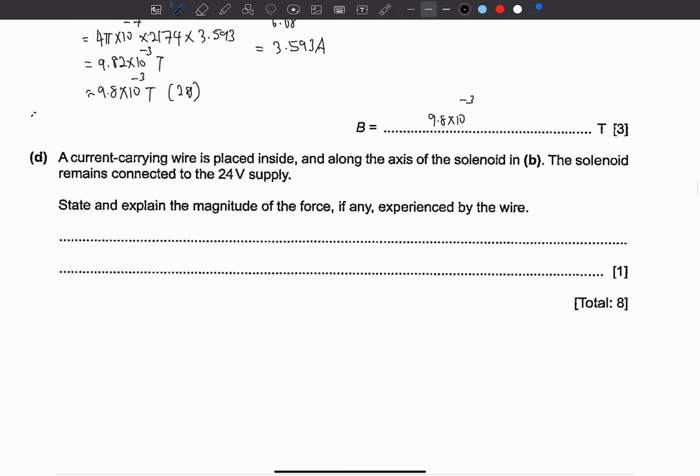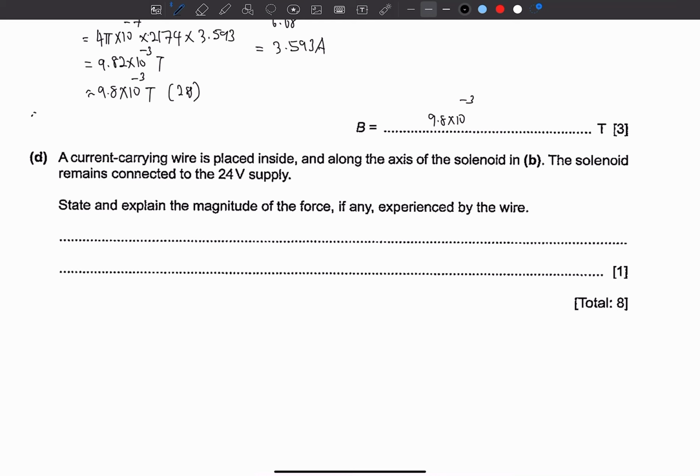Good. A current carrying wire is placed along the axis of the solenoid in B. The solenoid remains connected to the 24-volt supply. State and explain the magnitude of the force, if any, experienced by the wire.